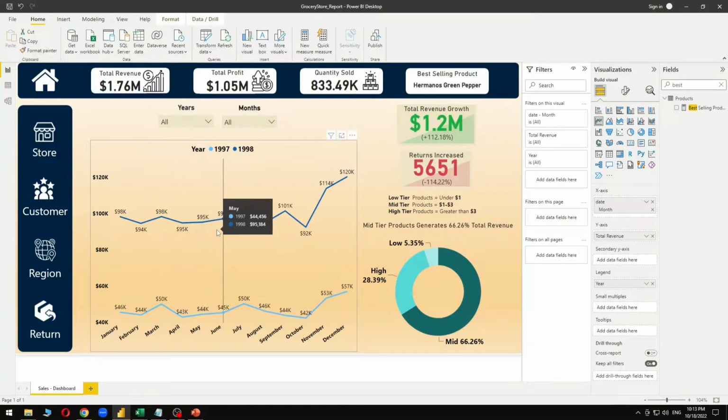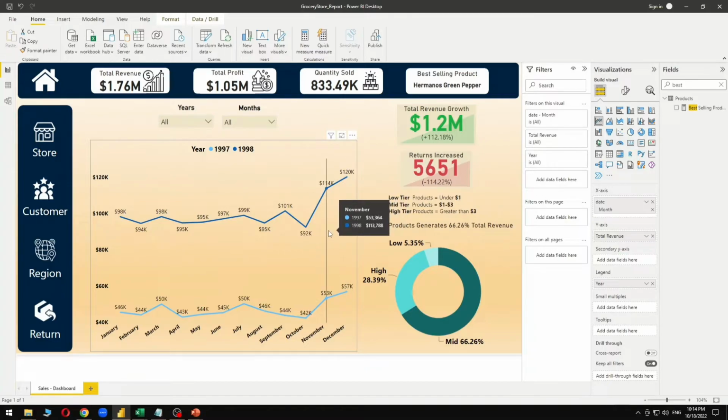January, February, March, April, May, June, July, August, September, October. But in November to December, it's a festive season. Most of the festivals in the US are in November and December. So this is the boosting period. The company should focus more on selling the products in these months because it is going to generate more revenue for the company.